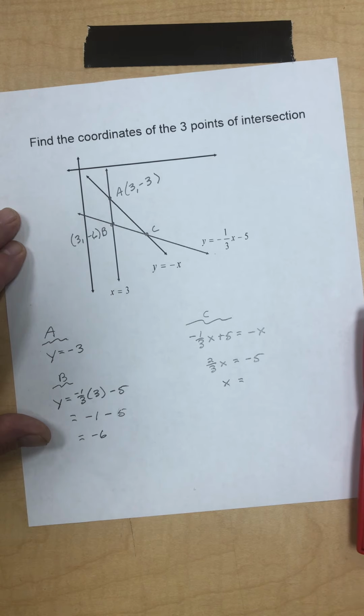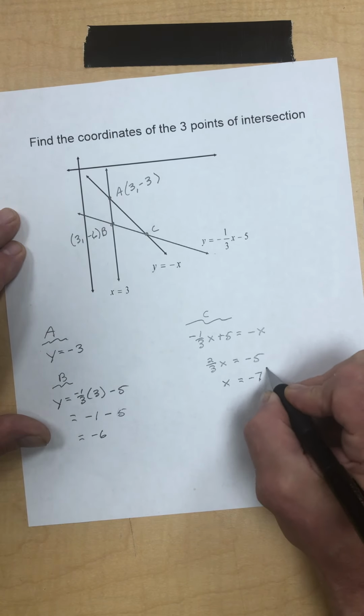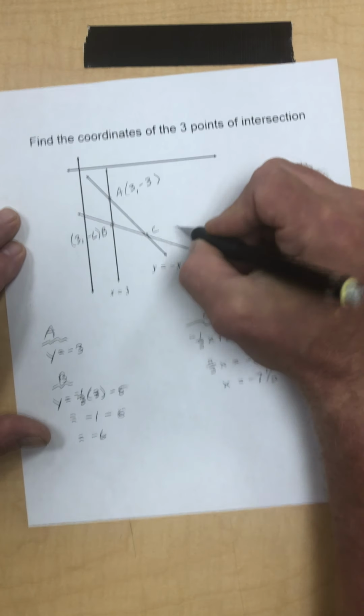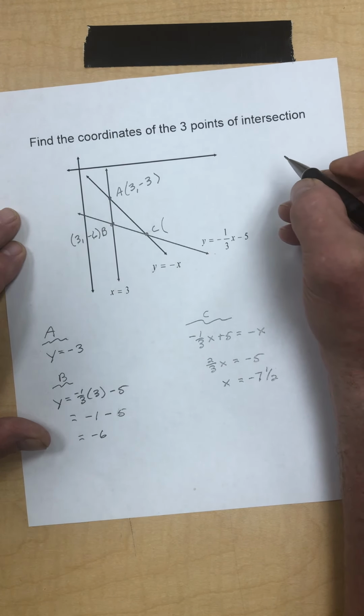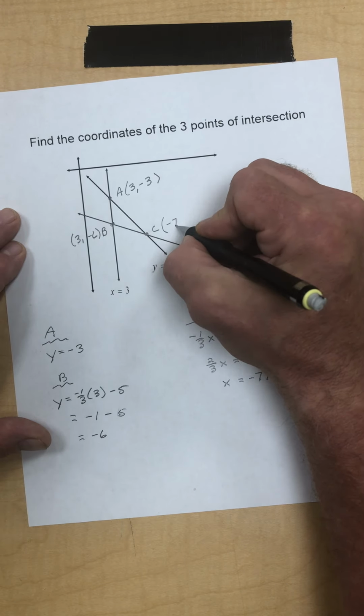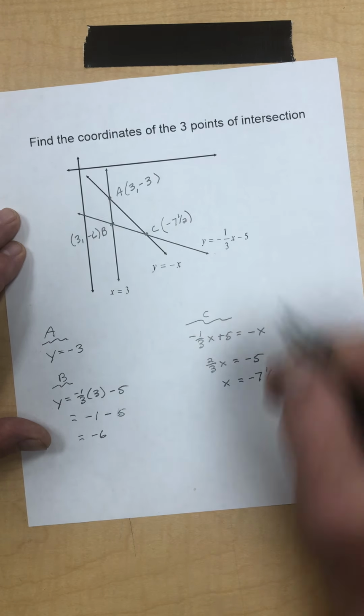Negative 5 divided by 2/3, and I get negative 7.5. So it looks like right here my x coordinate is negative 7.5.